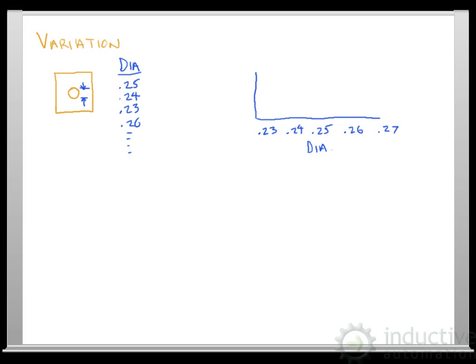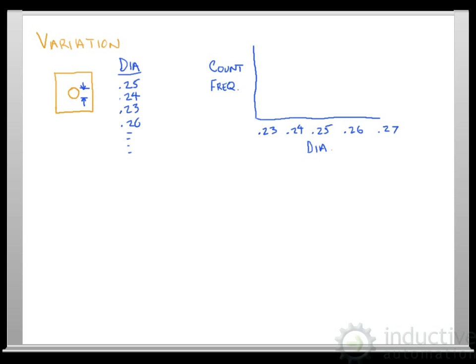And then we have another axis here, which is our count. How many parts actually have that particular measurement? So if we have one that's 0.25, we're going to increase this count. And if we have one that's 0.23, we increase the count over here. This is commonly called frequency. Okay.